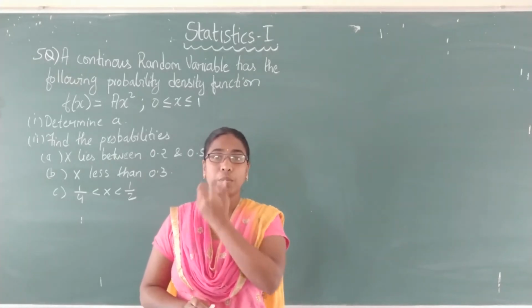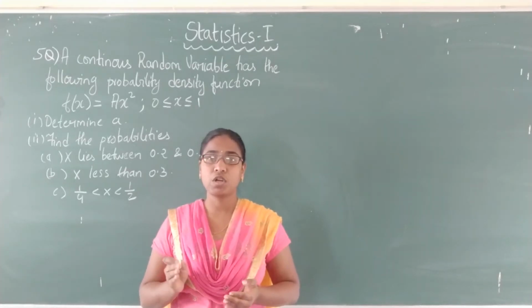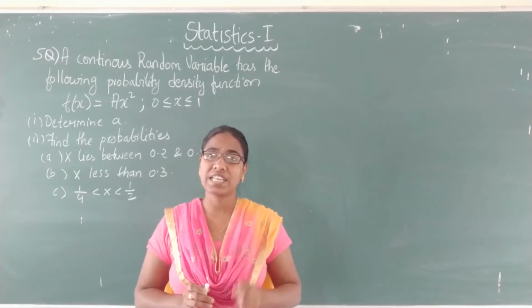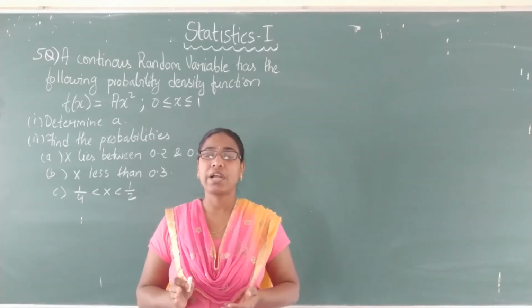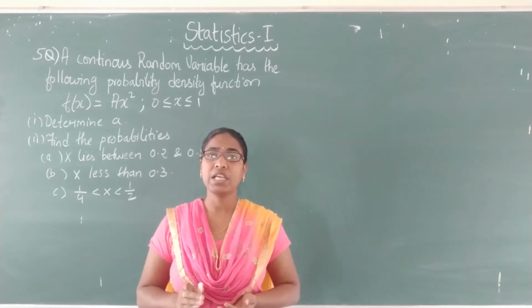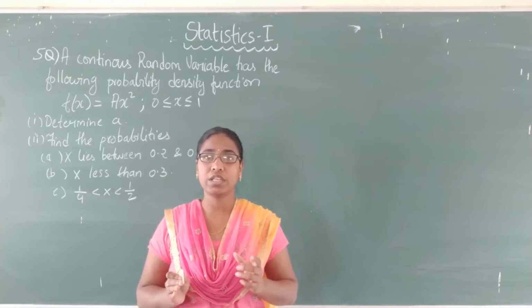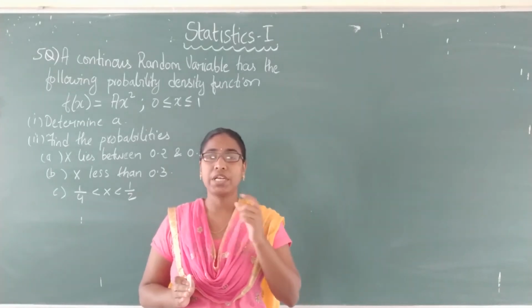So what is the probability density function? The probability distribution or the probability function based on the continuous random variable. Continuous random variable means your random variable lies between the specified limits, that is the class interval, with an upper limit and a lower limit, in a particular interval.